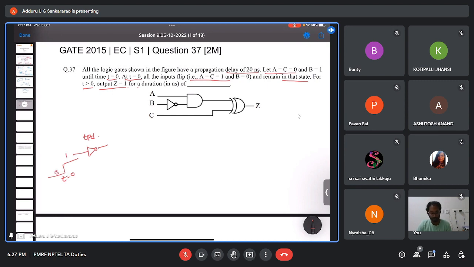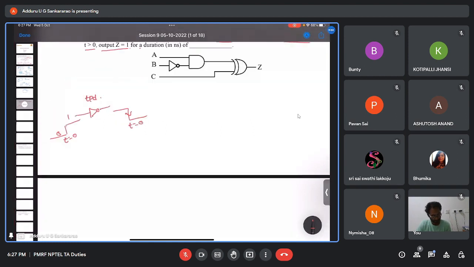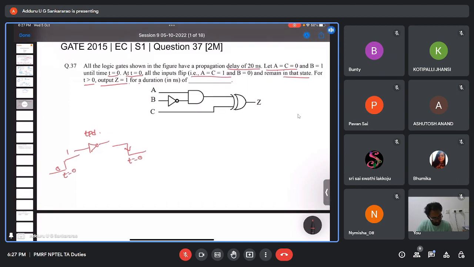The output should ideally change immediately, because it's an inverter. But if it has a propagation delay, let us say 20 nanoseconds as given in the example, then it will not change immediately, it will change after 20 nanoseconds. That is the propagation delay.